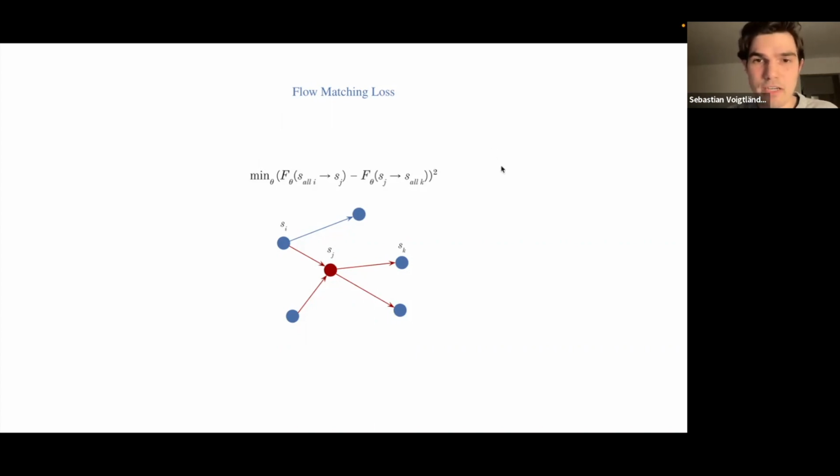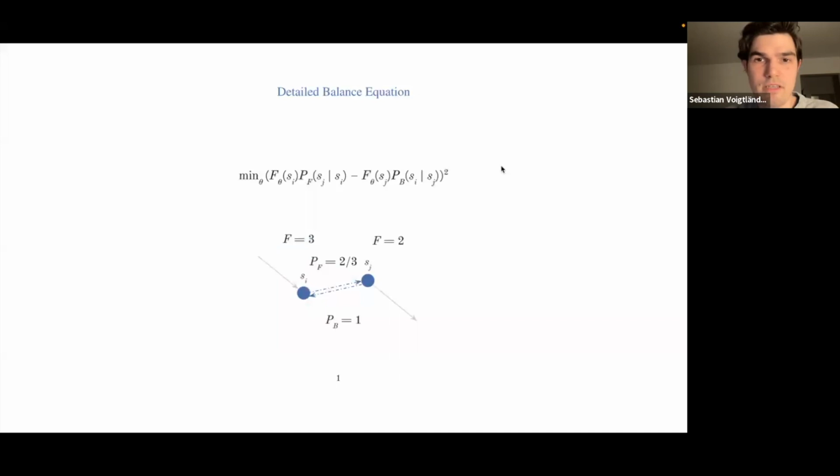What you can construct directly from the definition of the forward and backward probability distributions and the flows is the detailed balance equation that was already alluded to. The balance equation basically says that even though the forward and backward probabilities across the nodes are not conserved, this quantity is, and that is a direct consequence of the definition of these two quantities and the continuity equation.